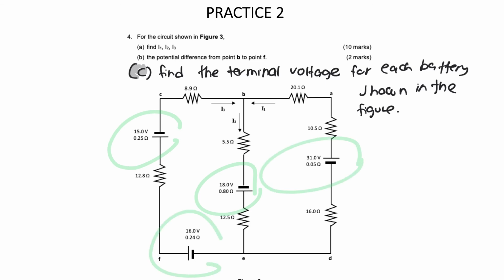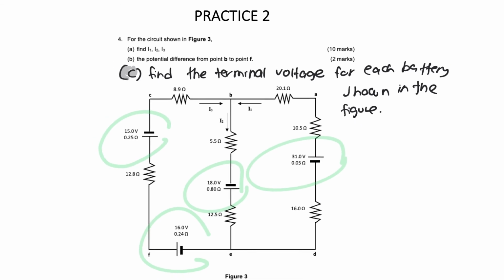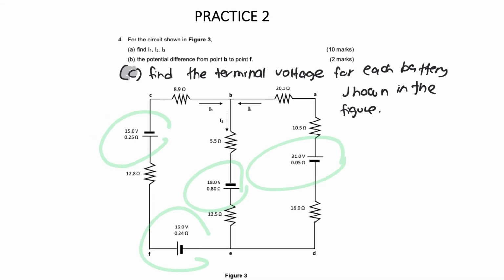For the terminal voltage, it is the same as potential difference, where you need to find the true direction first. From there you are going to know whether it's charging or discharging. You are going to use the formula, because terminal voltage is all about power supply. So you need to use VT equals EMF minus IR for discharging, or VT equals EMF plus IR for charging.